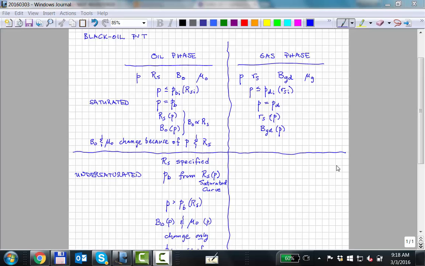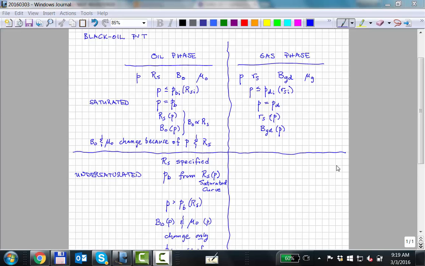It could be saturated at its dew point. If an oil is by itself, then likely it's undersaturated, but it could be at its bubble point, in which case we would formally define it as being saturated. Okay? So we've got this map, and we've covered on Tuesday the oil phase, saturated, and we almost finished the discussion of the undersaturated properties.